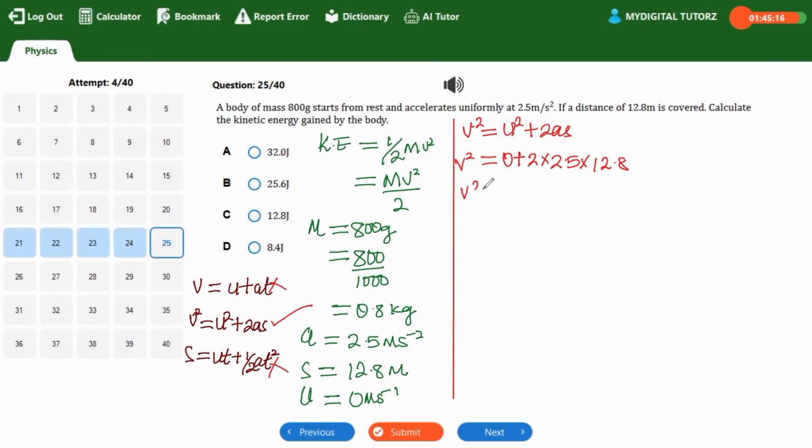That gives us 64. So v will be equal to the square root of 64, which will give us 8 meter per second. So we have gotten our v. Then we can now come back to this formula, which is kinetic energy equal to what?